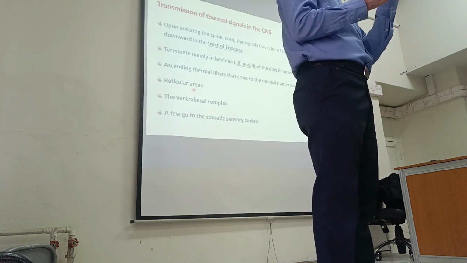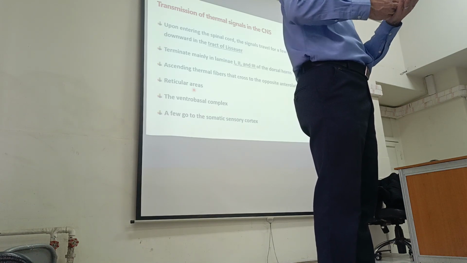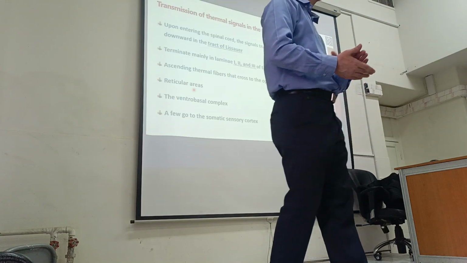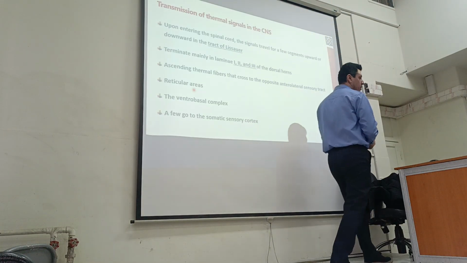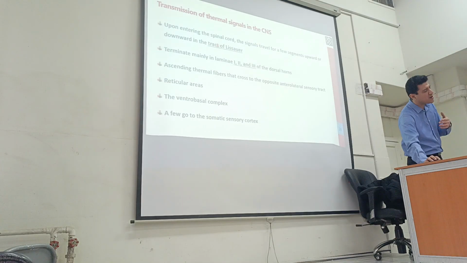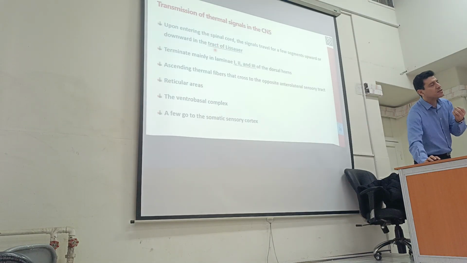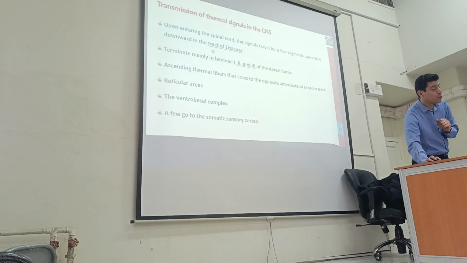The anterolateral system, which is responsible for pain, also carries temperature sensation. So they come to the spinal cord, enter the tract of Lissauer, which is part of the spinal cord around the base of the dorsal horn. Then they enter lamina 1, 2, and 3, signal to pain.